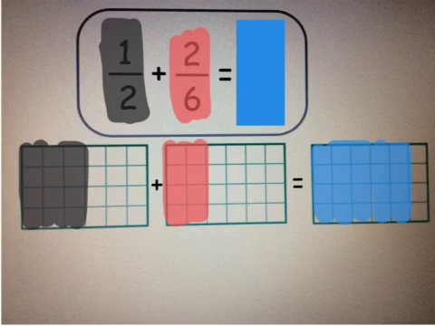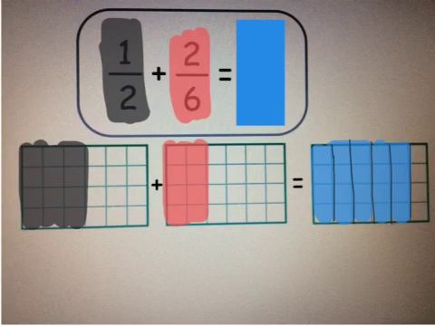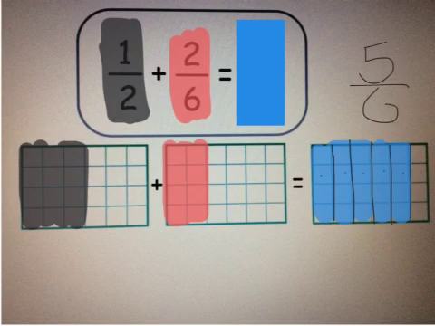So I can do 6 on my 4x6 rectangle like this so that I can figure out how much of my rectangle I have. And it looks like I have 1, 2, 3, 4, 5. And then I have 6 pieces altogether, so 6 is my denominator. So my answer is 5/6.